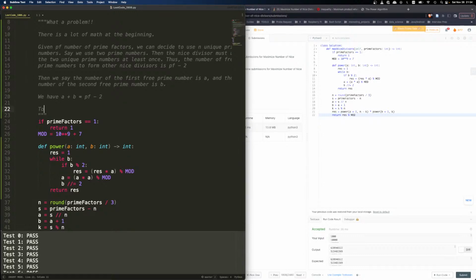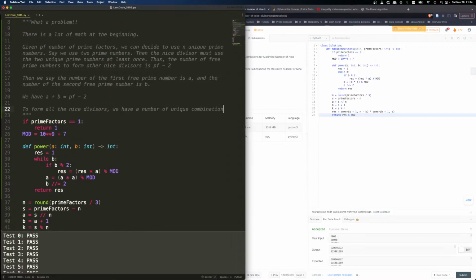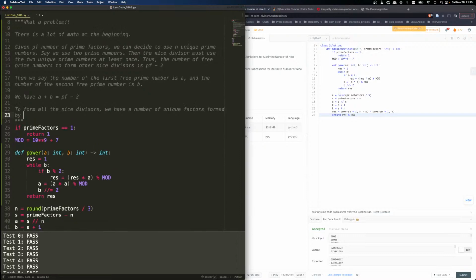And to form all the nice divisors, we have a number of unique factors formed by all the free first prime.